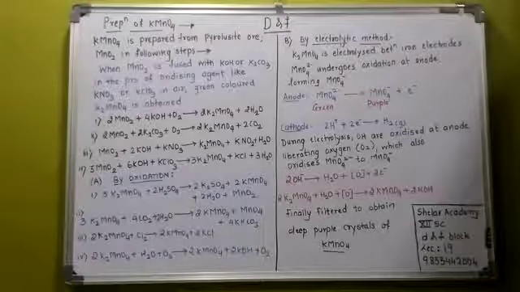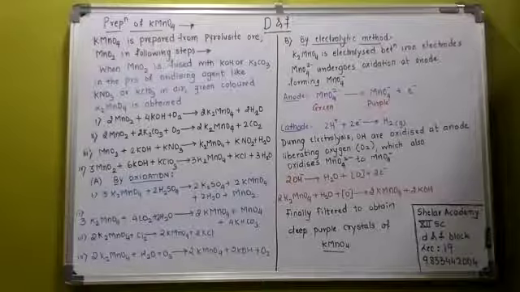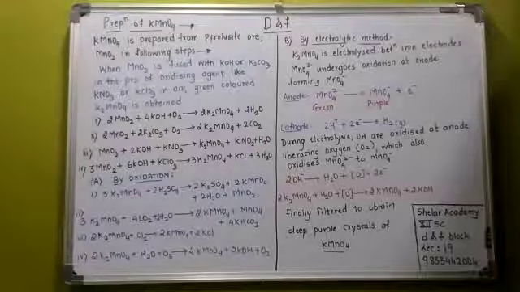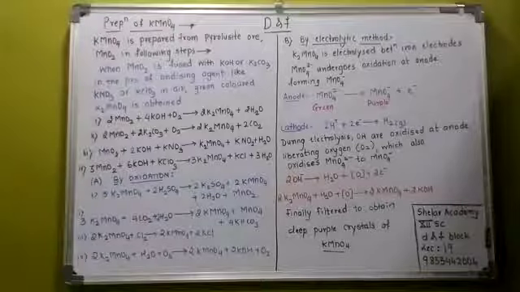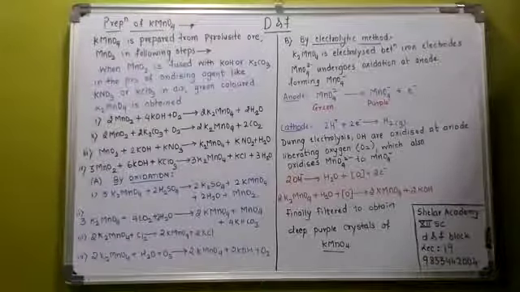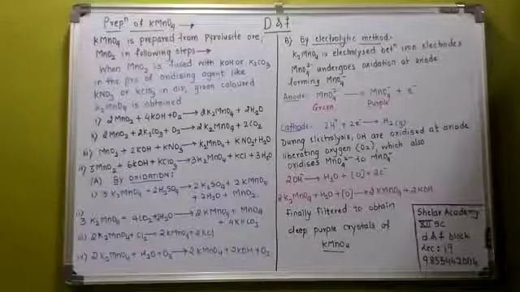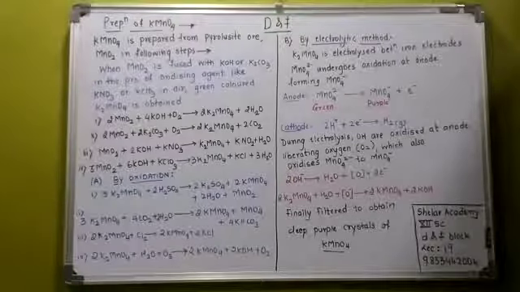MnO4 2 minus is converted to MnO4 minus with loss of an electron. Anode oxidation is loss of electrons, cathode reduction is gain of electrons. So H plus is converted to H0 and hydrogen gas is evolved.